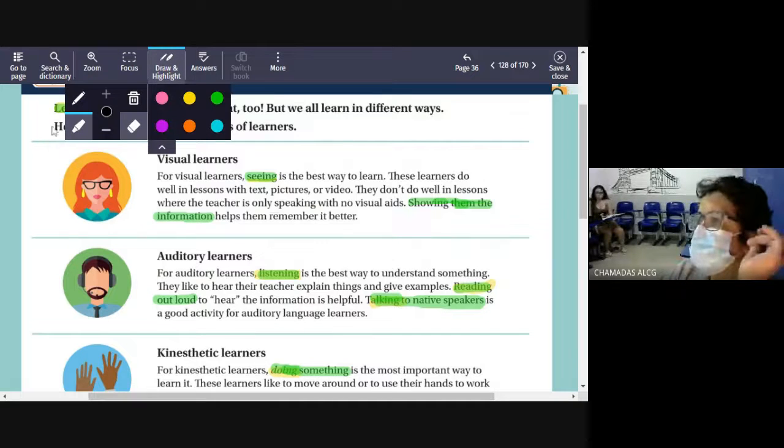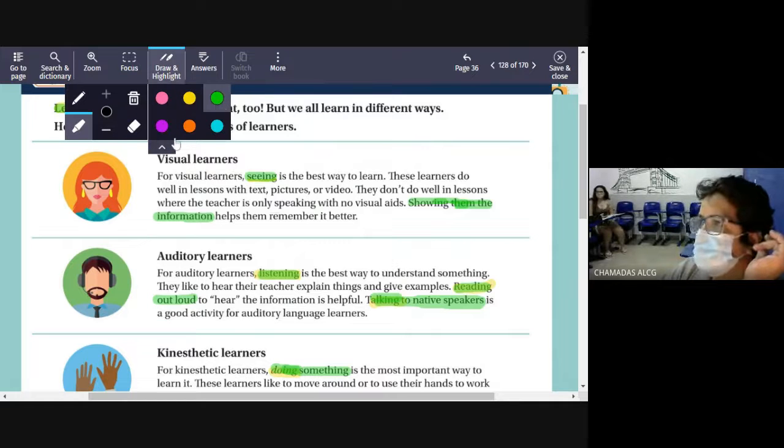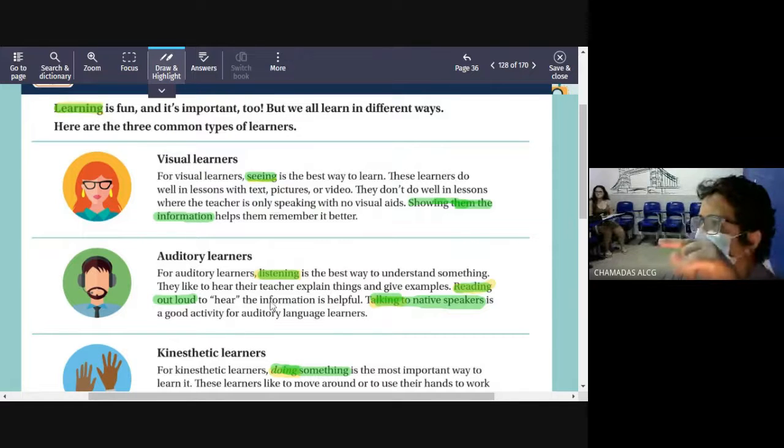Okay, guys, let me highlight the subject there because I think we missed reading out loud to hear the information. This is the subject. Okay? Yes, I forgot. This is only the beginning.